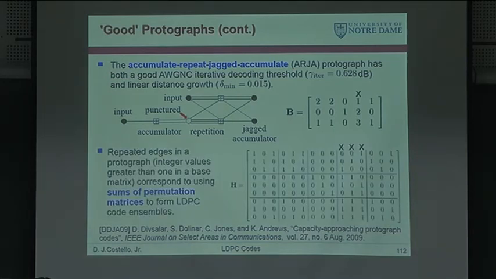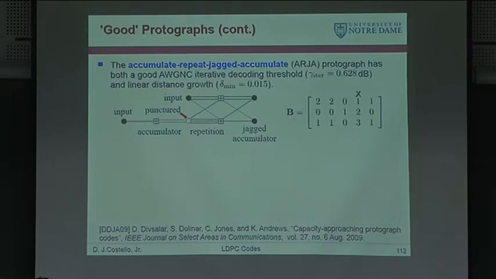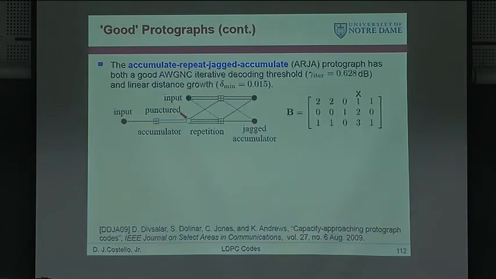The terminology of accumulate is still there. But what they don't tell you is you can't encode them this way anymore. It's very hard to find them admitting that in their papers. And when you ask them about it, they say, well, they're just LDPC codes. You can encode them like any other LDPC code, okay?